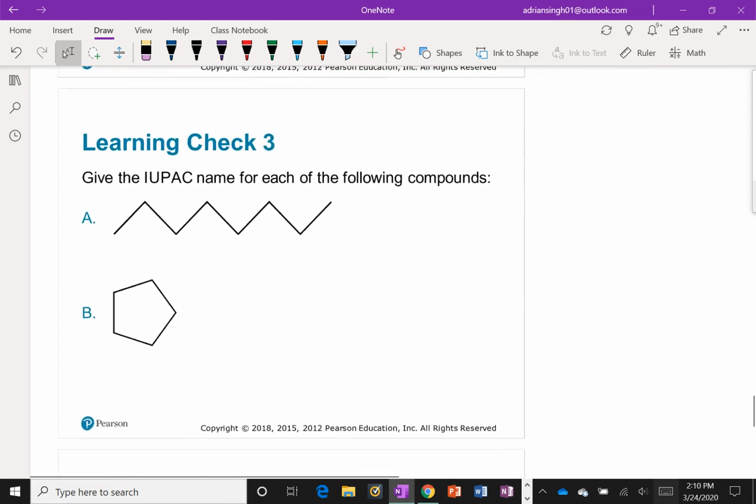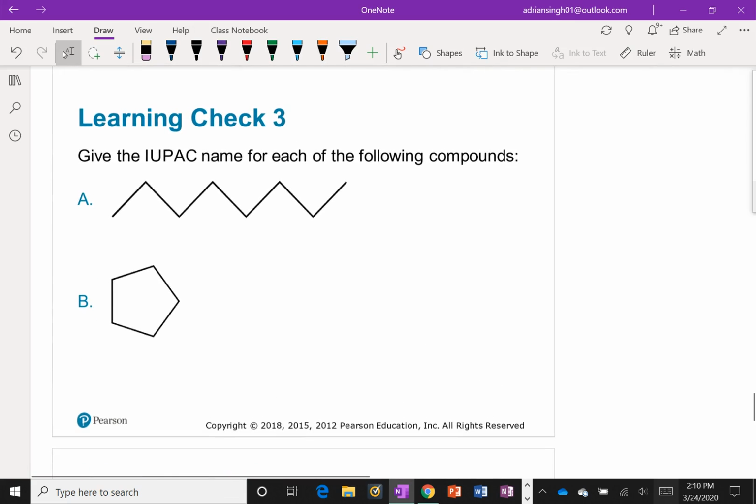All right, so if we wanted to name these structures, this is a really good example of going in the other direction. Now you're given the structure and you have to name it. So let's take a look at the first one. Remember, you're going to start counting the carbons. If you have a chain, you start at one end of the molecule and you work your way all the way to the other end.